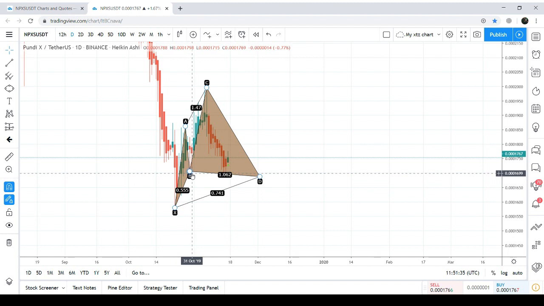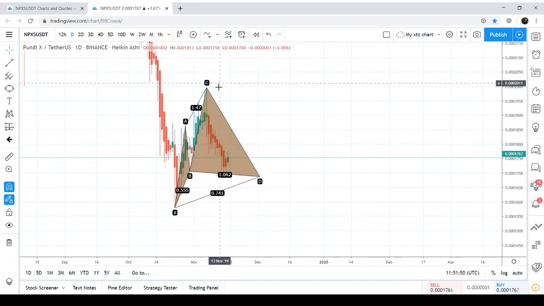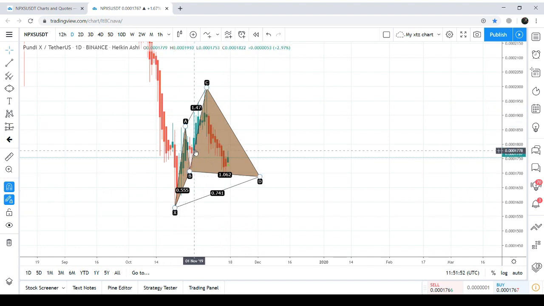And the B to C leg should be retraced between 1.272 and 1.414 Fibonacci of the A to X leg. That is a Fibonacci projection of the A to X leg. And here we can see it is retraced almost up to 1.47 Fibonacci. So this difference can be ignored.